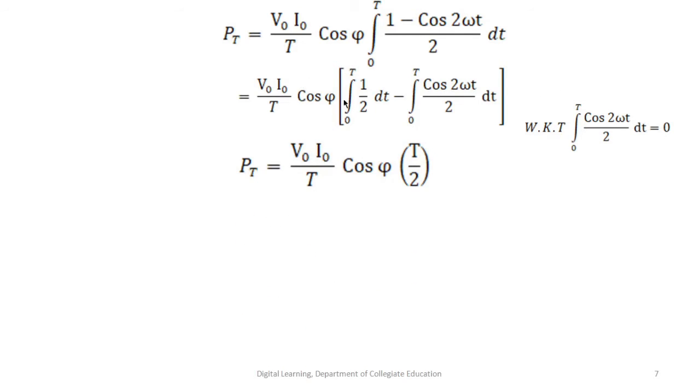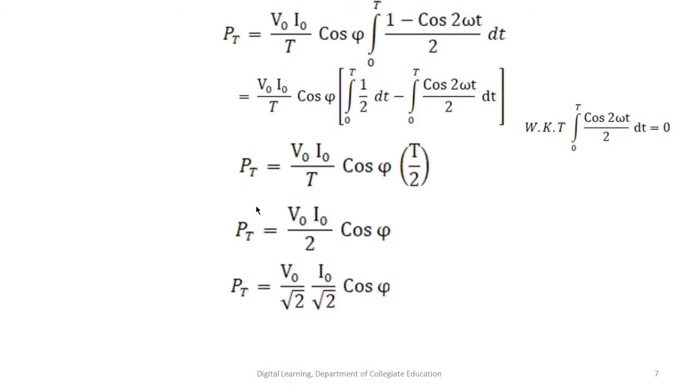Then this expression becomes P T equal to V naught I naught divided by T cos phi. Integration of half dt is capital T by 2 after substituting the limiting values. This T and T will get cancelled. True power will be equal to V naught I naught divided by 2 cos phi. So this can be written as P T equal to V naught by root 2 into I naught by root 2 into cos phi.